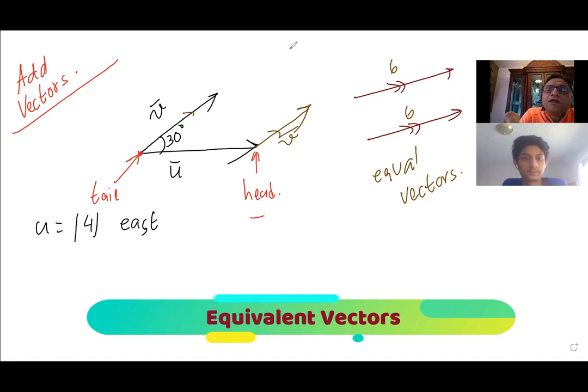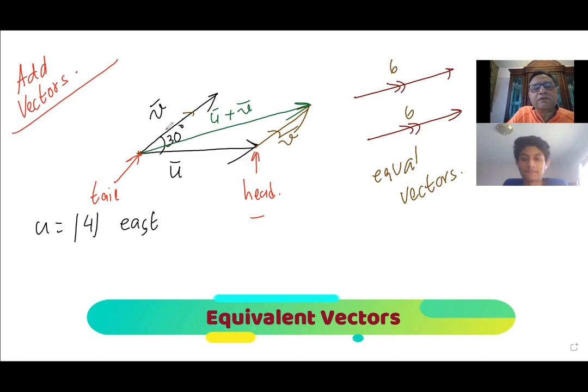And now the resultant will be from initial to final. That is the sum of these two vectors, u plus v. Always when we talk about the sum of vectors, we place the tail of the other on the head of the first vector, and you could add more than two vectors. Just follow the process.